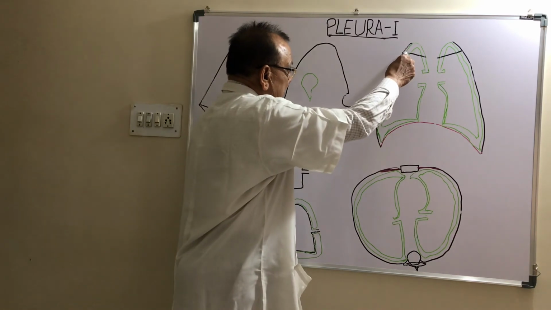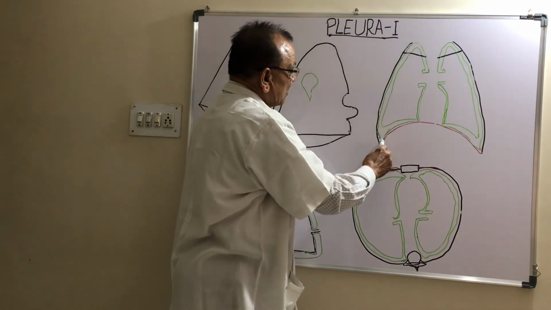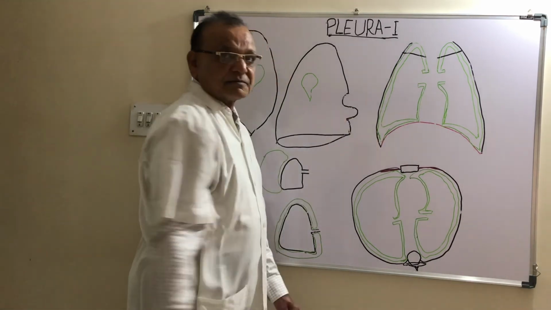And below the clavicle up to the diaphragm, this pleura is the costal pleura.